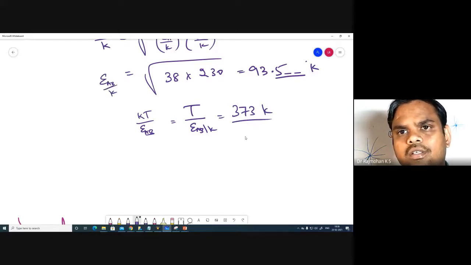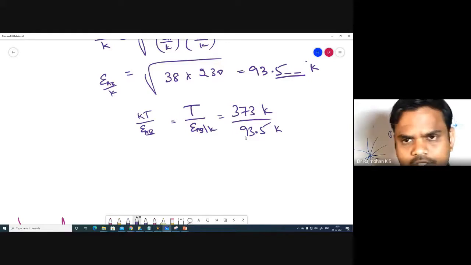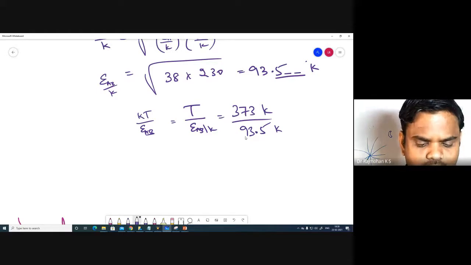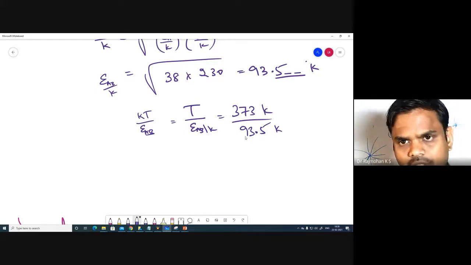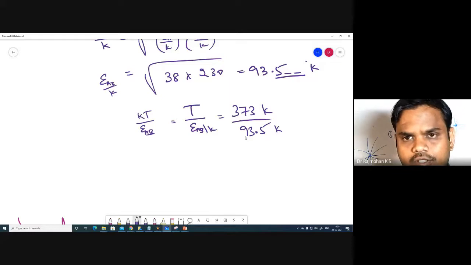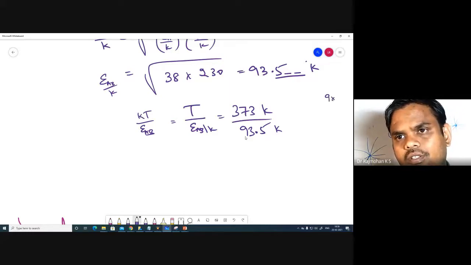It is 93.5 Kelvin. So what is the value? 9 4s are 36, so you will be getting around 4.